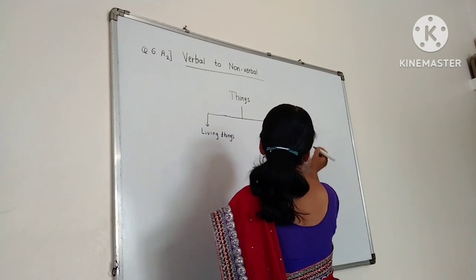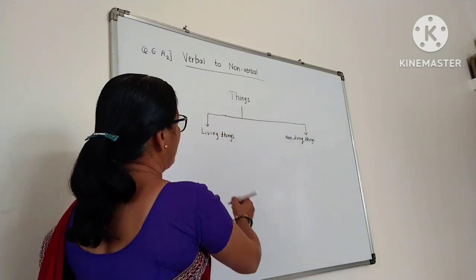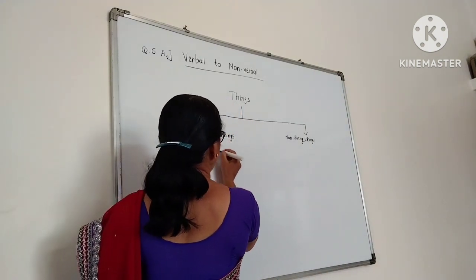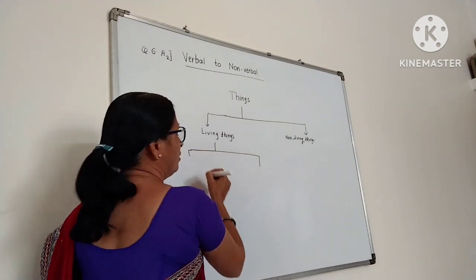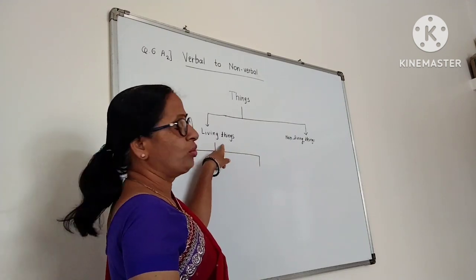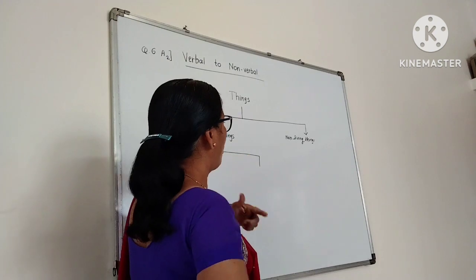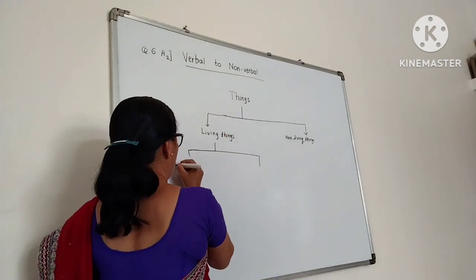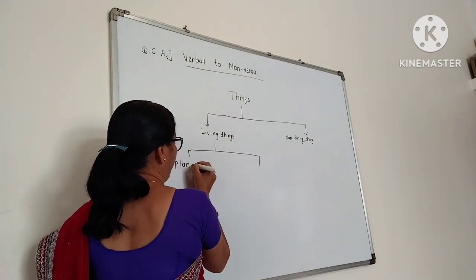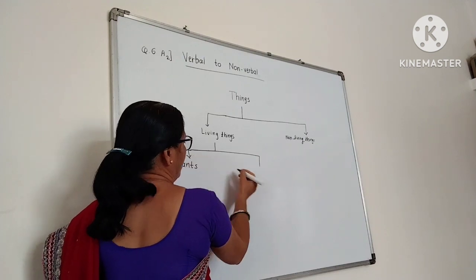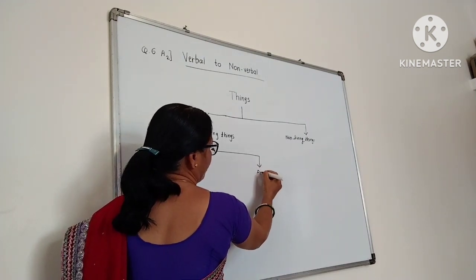These are two groups. Living things are classified into two groups, these living things are classified into two subtypes or groups, that is plants and animals.